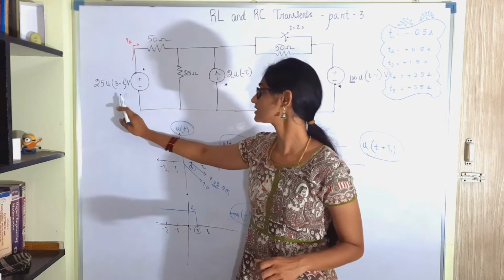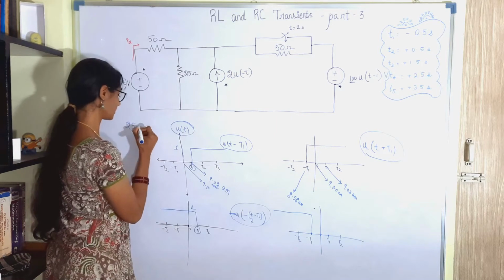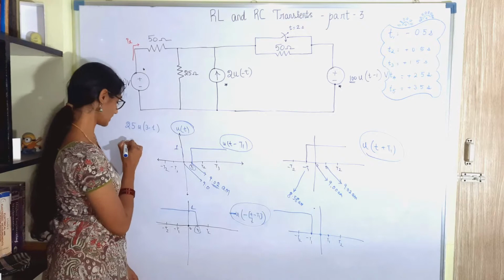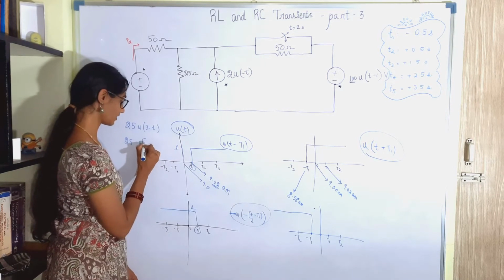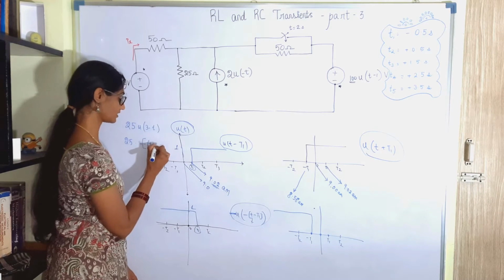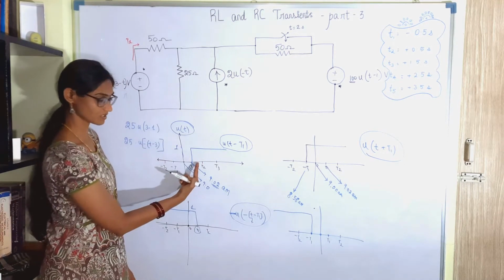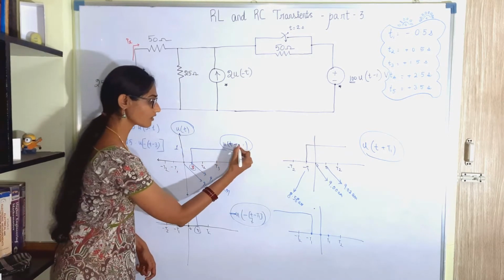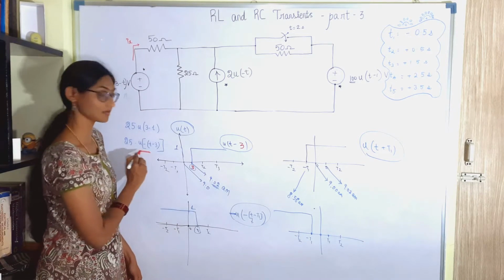Okay, this means that this signal is 25 u of 3 minus t, right? This can be said as 25 into u of minus (t minus 3). We know that t1 is 3 seconds. So this signal is u of t minus 3, but we want u of minus (t minus 3).